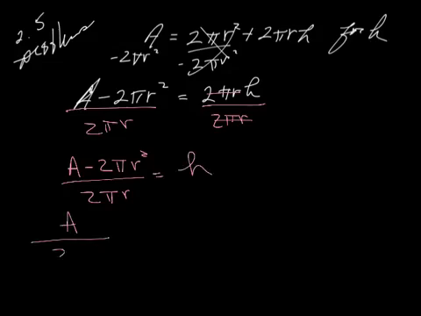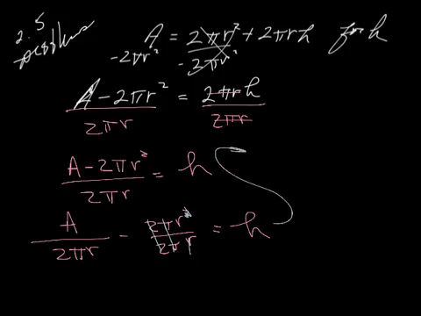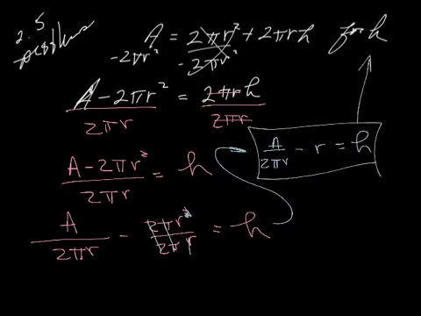A over 2 pi r, okay, so let's cancel. Those cancel, and one of the r's cancels with this one. So that gives us A over 2 pi r minus r equals h, and that's what we're looking for, solving for h.